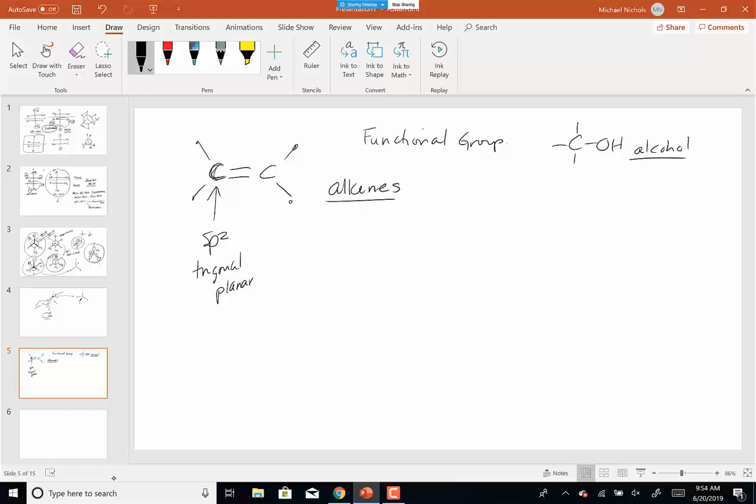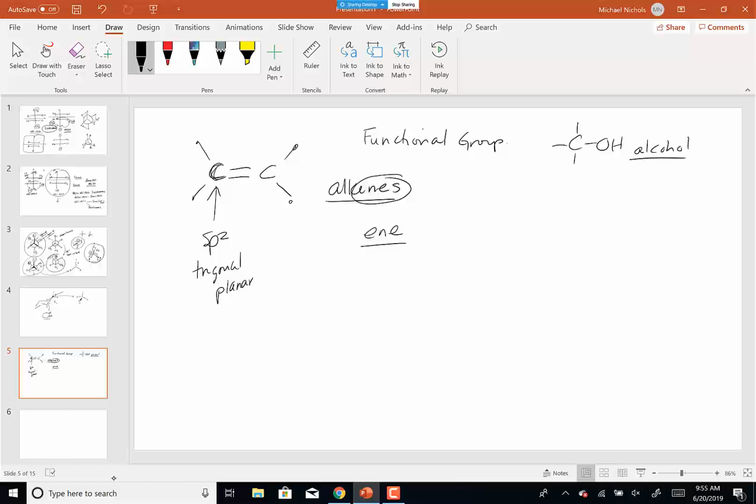And alkenes are easier to react than alkanes. We'll come back to that. But for naming alkenes then, since it's an alkene, the ene is the suffix for the parent chain.